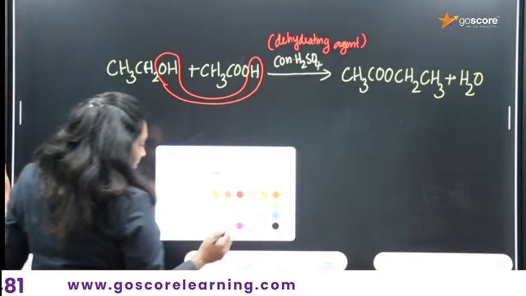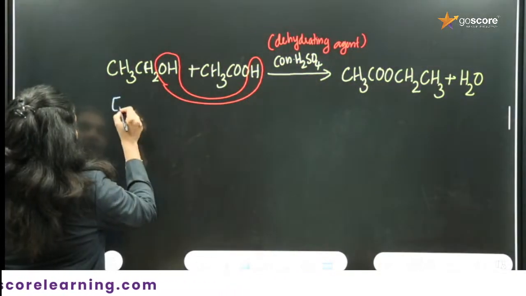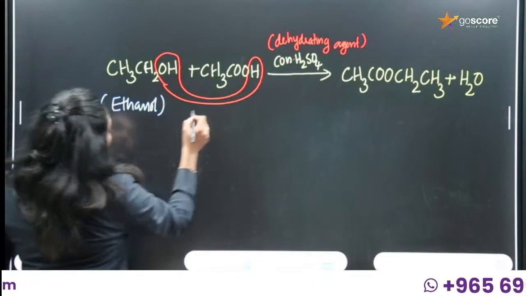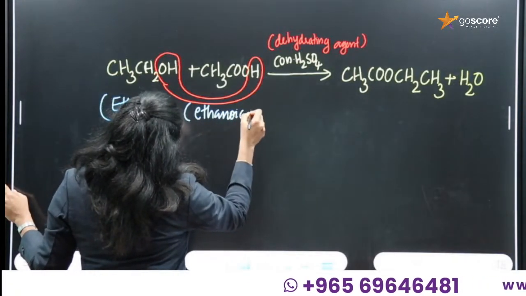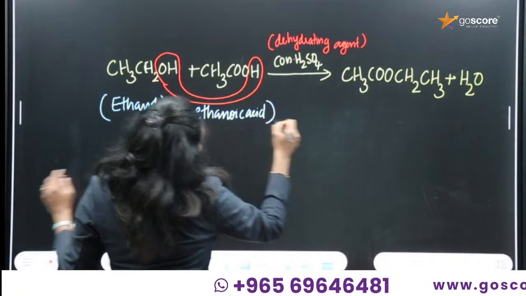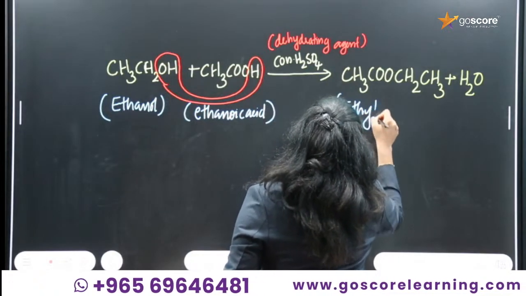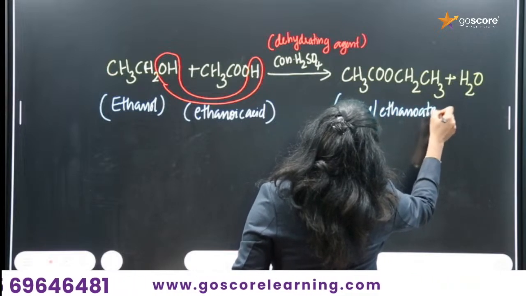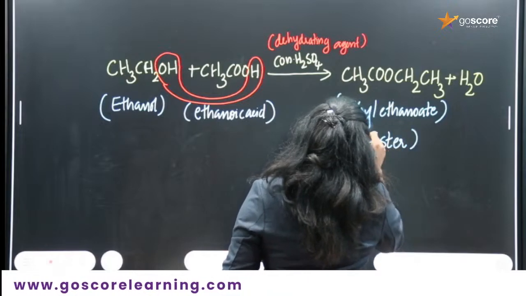Okay, now we can just mention the names also. This is ethanol. When it reacts with ethanoic acid, you are getting the ester, that is ethyl ethanoate, which is an ester.